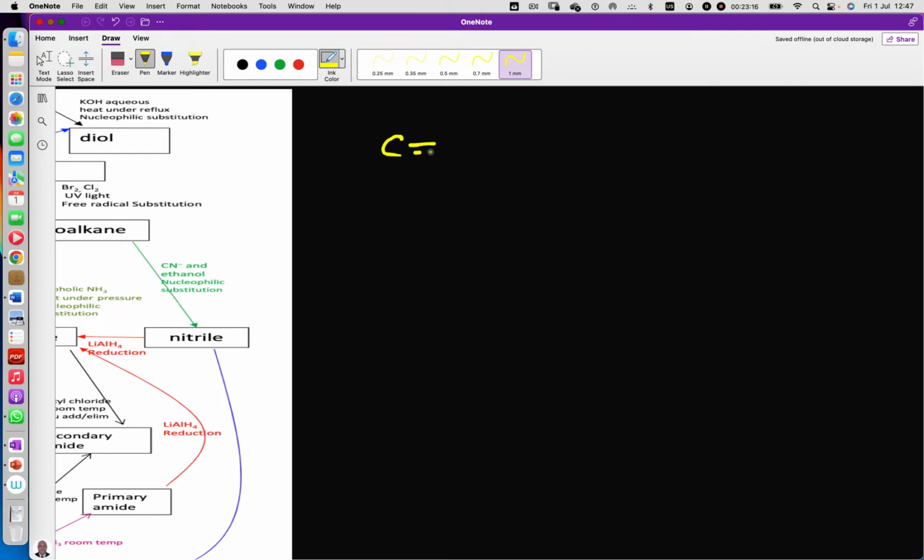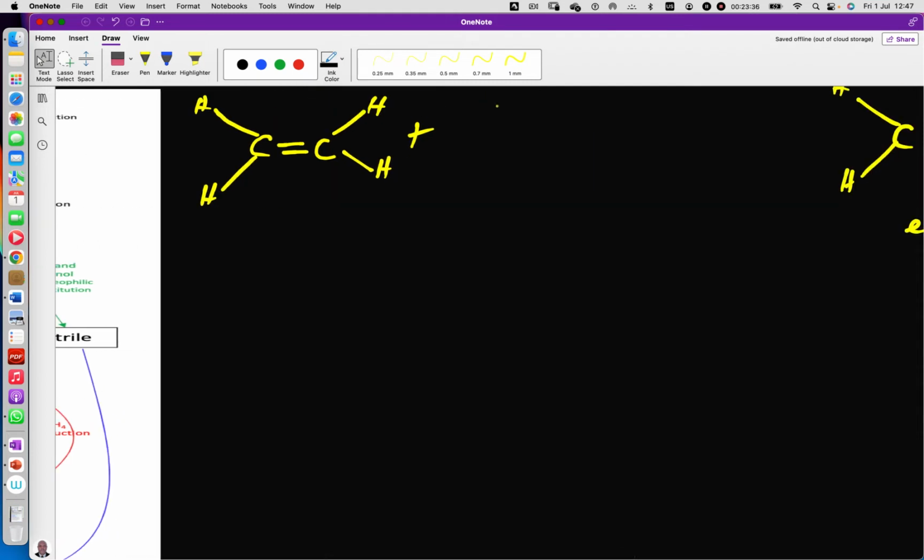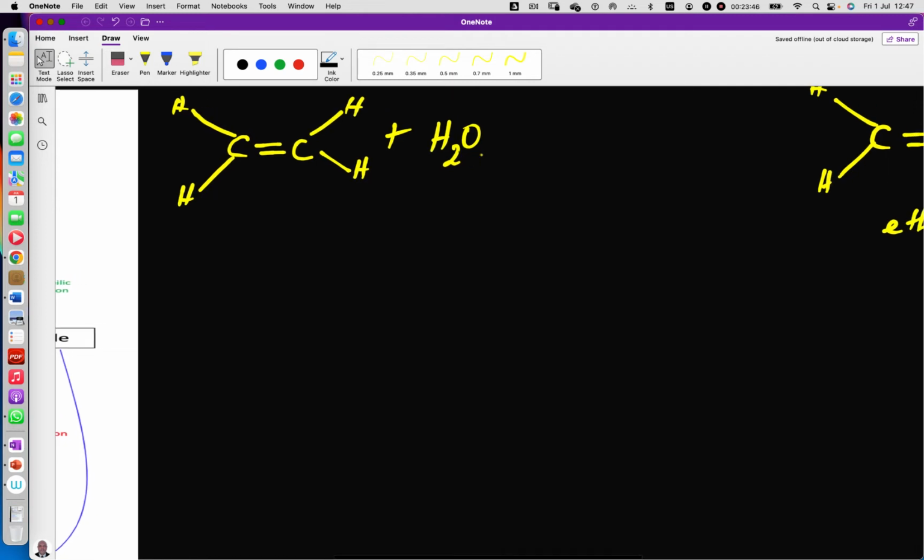This is an ethene molecule. Okay, I say it is a cold dilute acidified potassium manganate 7. I have water here. When they say cold dilute, it means that there's water involved in it.